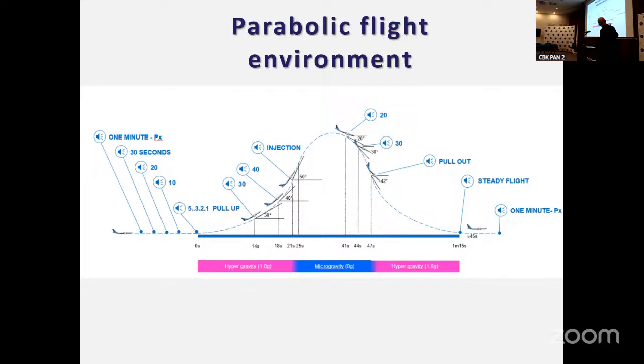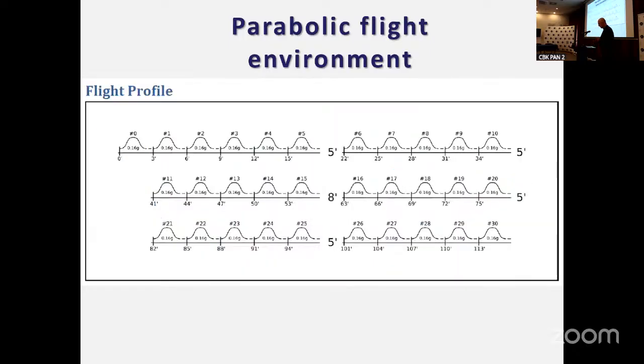Between parabolas there is around 1 minute 45 seconds for repeating or preparing the experiment for the next parabola, because during one single day, which takes more or less 3 hours, we have around 30 parabolas. After each 5 we have a 5 minute break, and in the middle we have an 8 minute break.